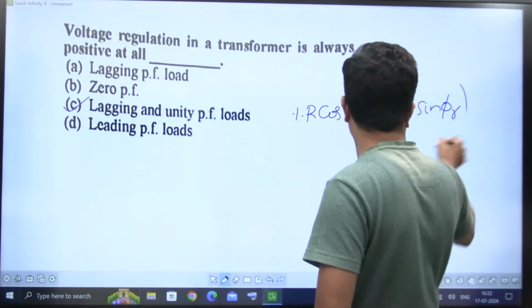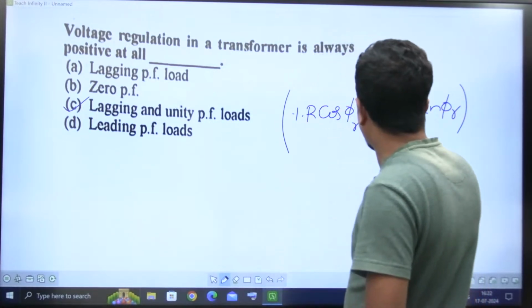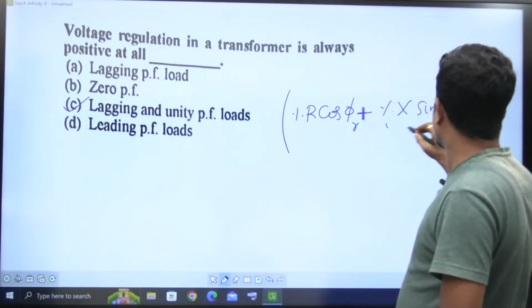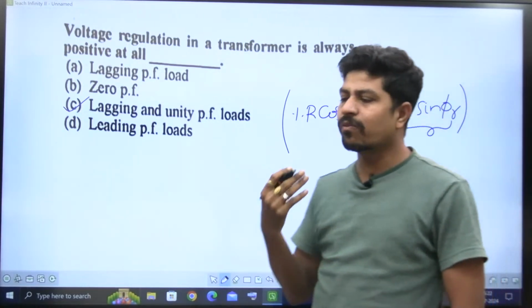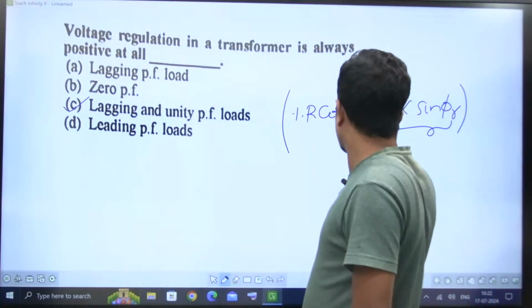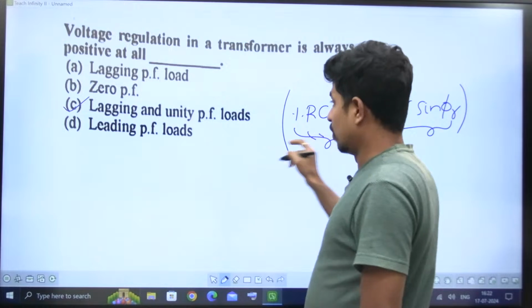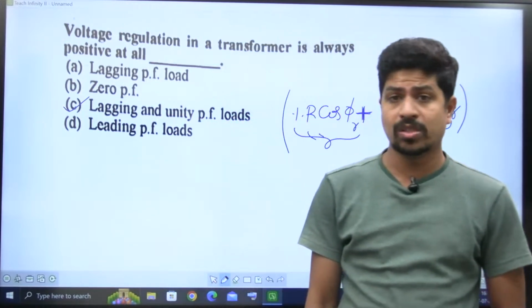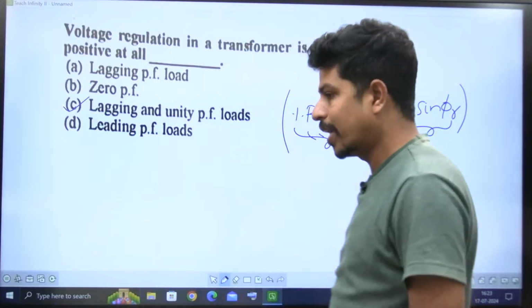If your load is lagging, this will be plus, and if it is resistive UPF load, cos phi r is 1, sin phi r is 0. If this part is 0, we have nothing to do with the sign also. So for lagging and unity power factor loads, it is going to be positive, right?